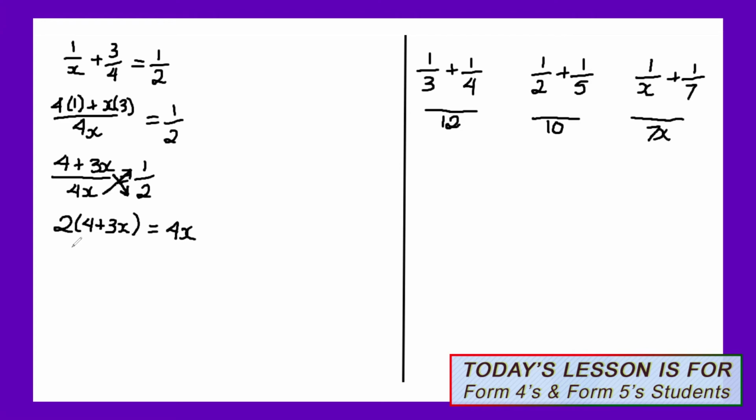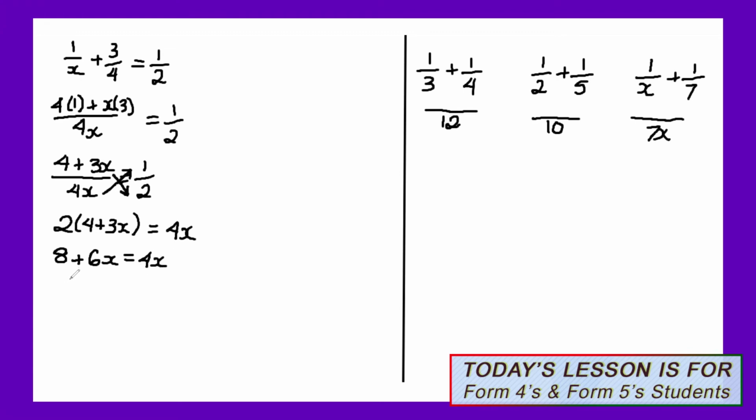We are going to use the distributive law to expand on the left-hand side. So we have 2 multiplied by 4, that gives us 8, plus 2 multiplied by 3x, that gives us 6x, and that is equal to 4x.